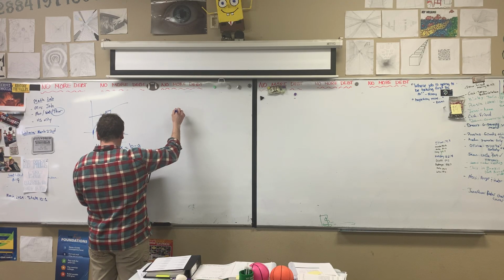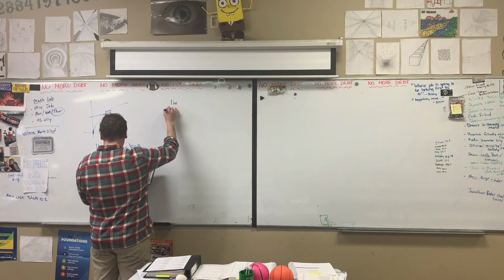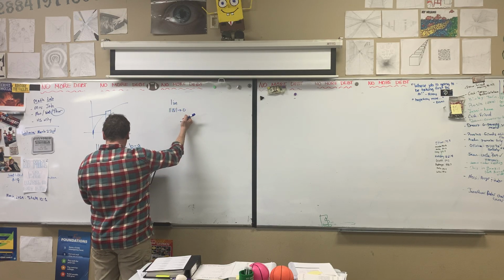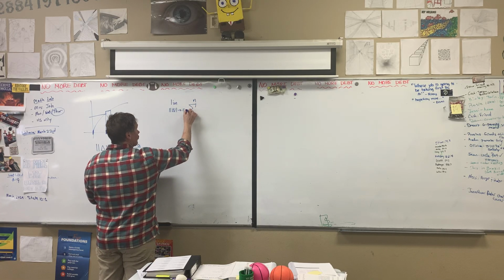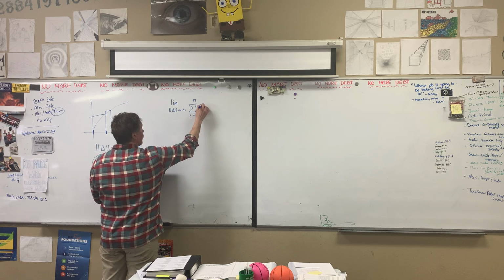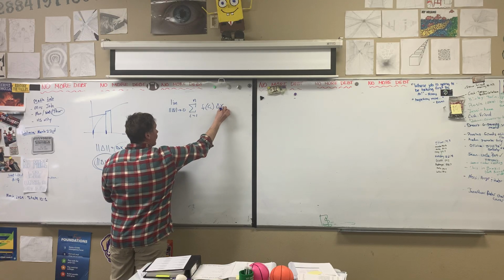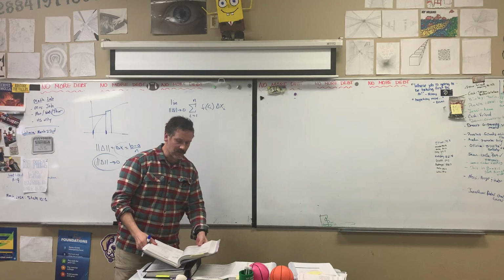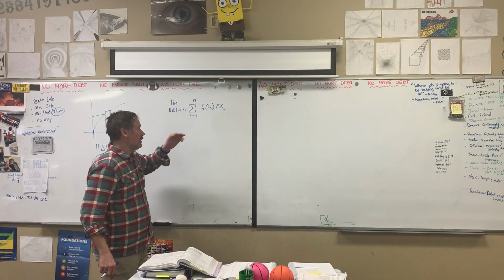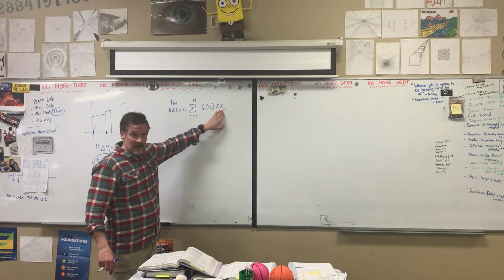So in this, it says basically what we've just been looking at, except now they talk about the limit as the norm goes to 0, and then they have the same sigma notation that we've been dealing with, except now they tack in this f of c sub i delta x sub i, and really it is the same thing as what we've been doing. This is just a height for any spot along there, and then this is the change in x.